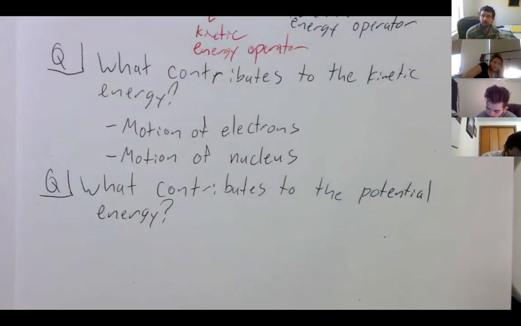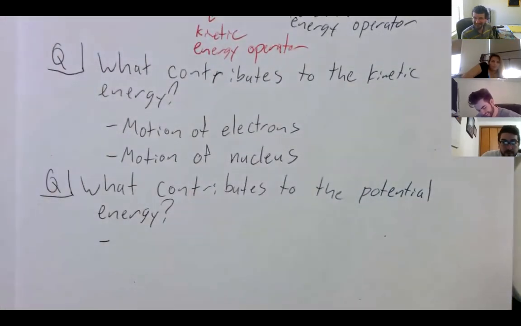What contributes to the potential energy then? Everything else. The position. Yeah, which is what? The position energy. What do you mean by that? Can you be a little more explicit? How about the energy keeping the electrons in orbital?